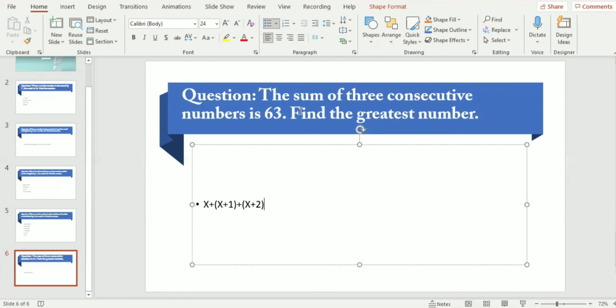And if there are 4 consecutive numbers, then it goes on like x plus 3. But here there are 3 numbers, and these are equivalent to 63.